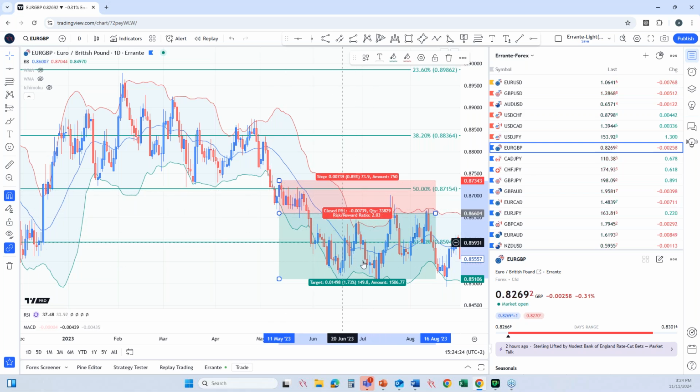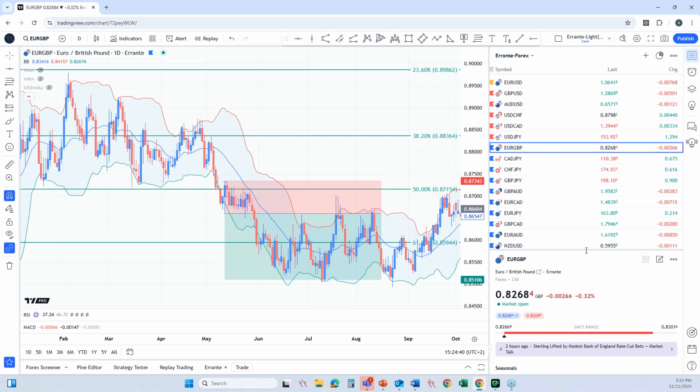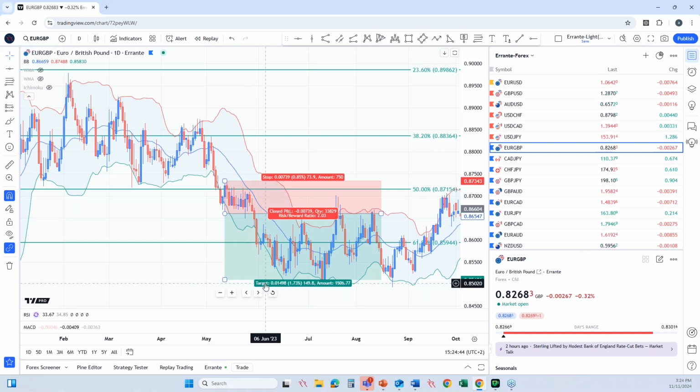So it means if the price falls to this level, and you target this level, for each dollar you risk, you expect $2 in return. But you need to consider the probability of this happening, because probability is closely related to the risk reward ratio.